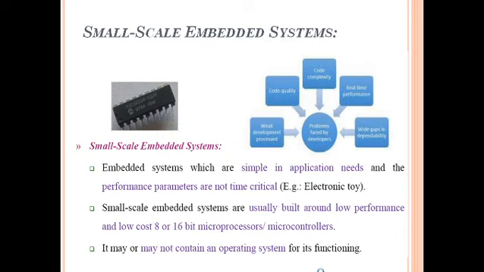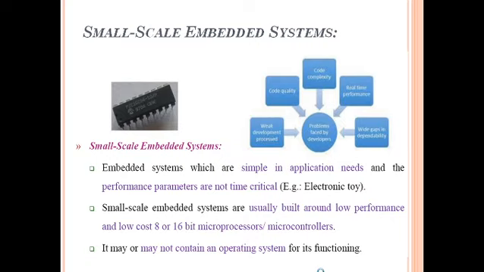Examples like electronic toys, microwave ovens, washing machines and air conditioners are examples for the small scale embedded systems here. And they are built around a low performance and low cost 8 or 16-bit microprocessor or microcontroller here. And mostly small scale embedded systems come with limited resources like amount of memory and processing power, and can be programmed in assembly level languages here.